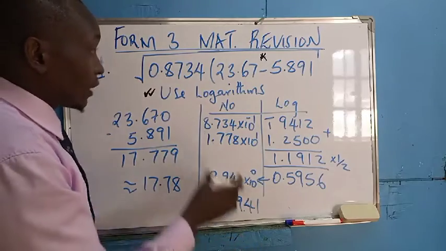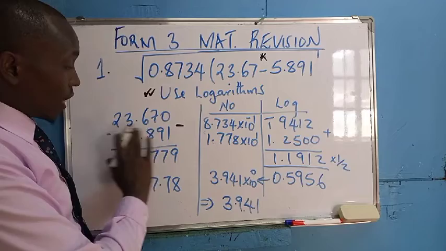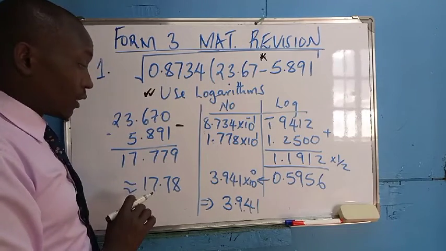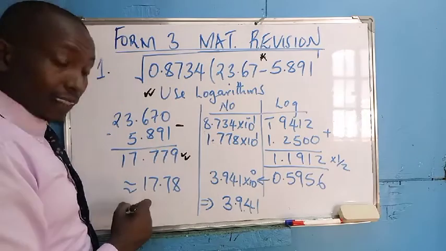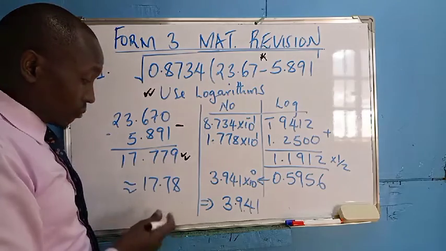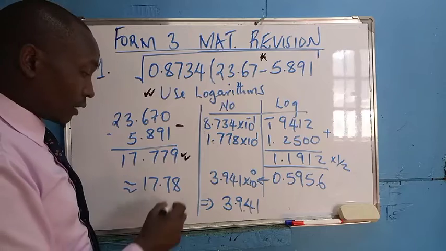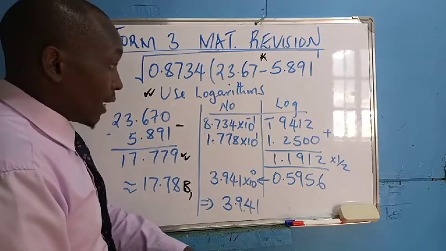So the student was expected to first do the subtraction, like I've done here: 23.67 minus 5.891. Then remember, we are using a 4-figure mathematical table, so we round off the number to 4 significant figures, and that's where the student gets the first B mark.